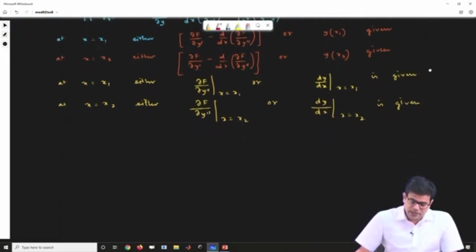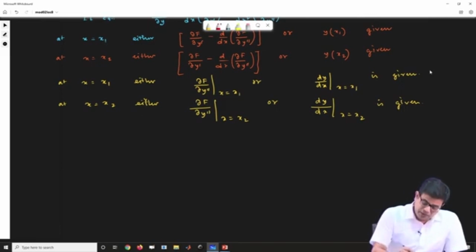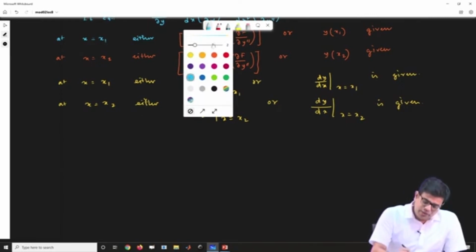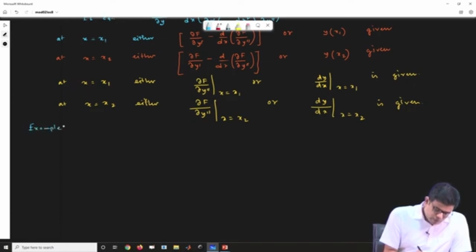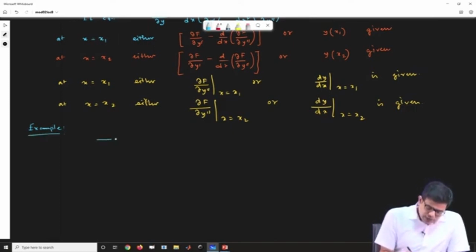Let us consider a simple beam structure. Suppose there is a beam.